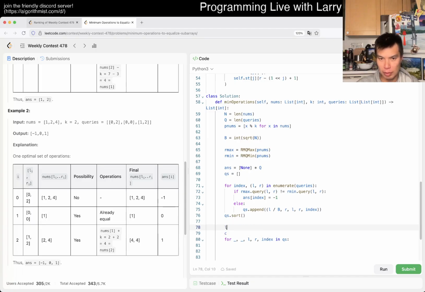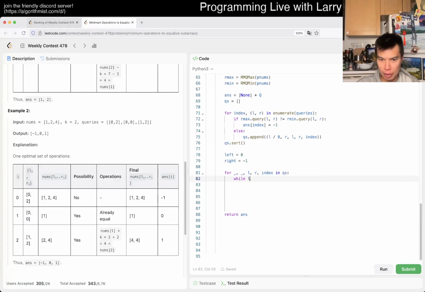Let's go left, something like that, right? And then while left is greater than L, we go smaller. I don't know why I lost the 1.